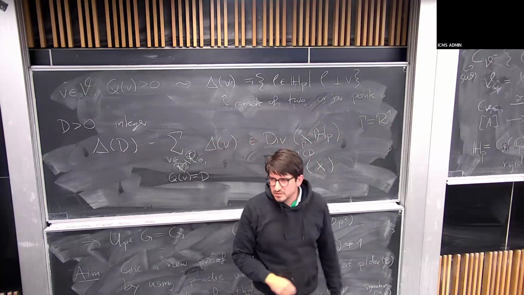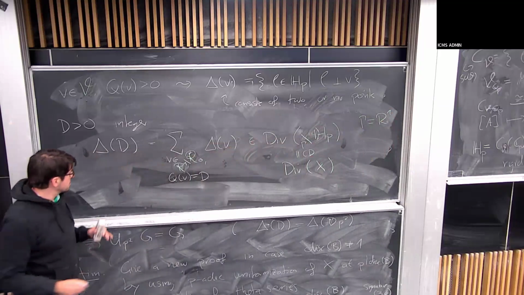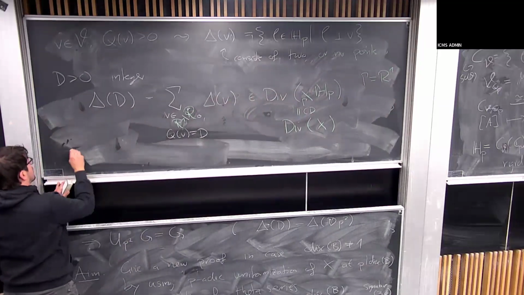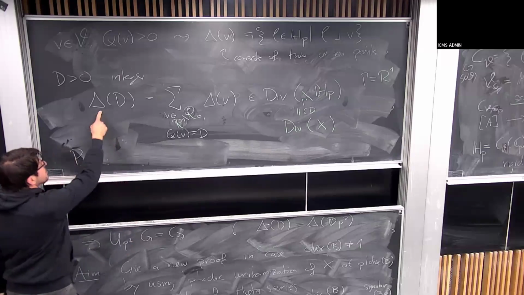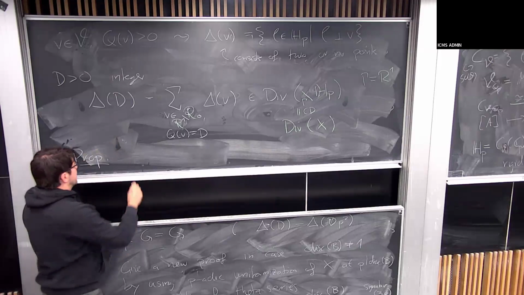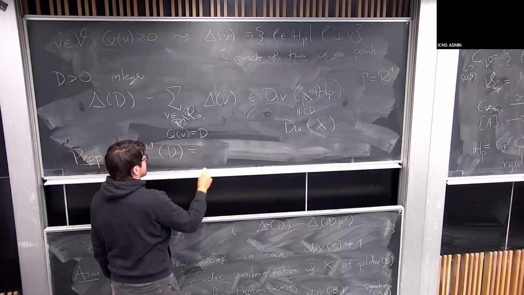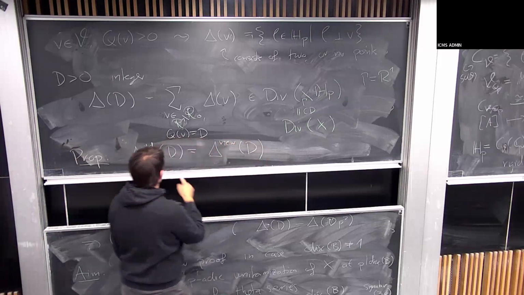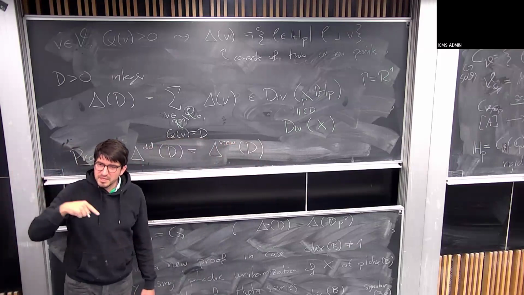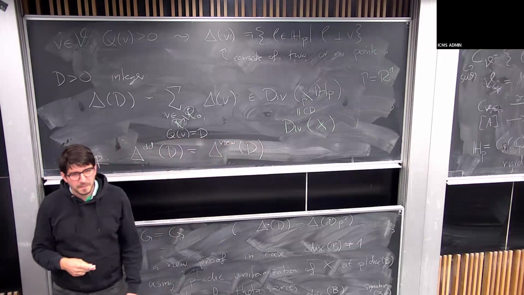So you're just doing exactly the same thing. And then for the first proposition you want to prove, I mean, it's maybe bad that I've given the two things the same name, but the proposition is: the old divisor equals the new divisor. By old, I mean the one defined by the complex uniformization, and the new one is the one defined by p-adic uniformization.